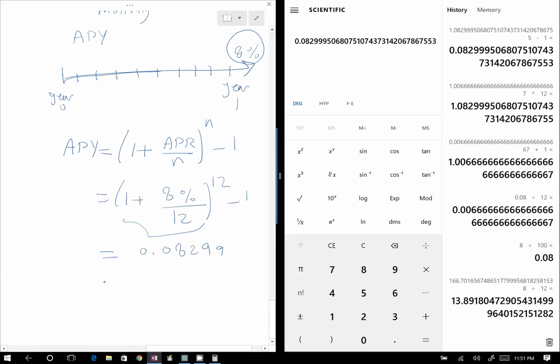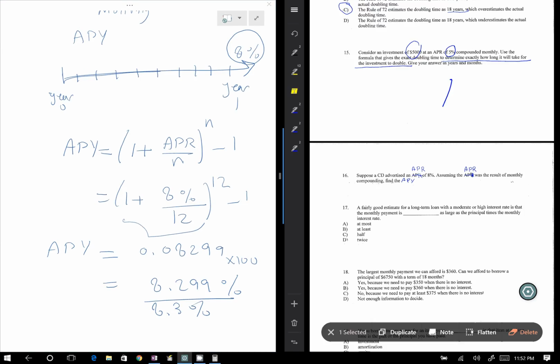0.08299. Now this is a percentage, so multiply this by 100. It becomes 8.299% or 8.3%. Okay, so it's not multiple choice: 8.3%.